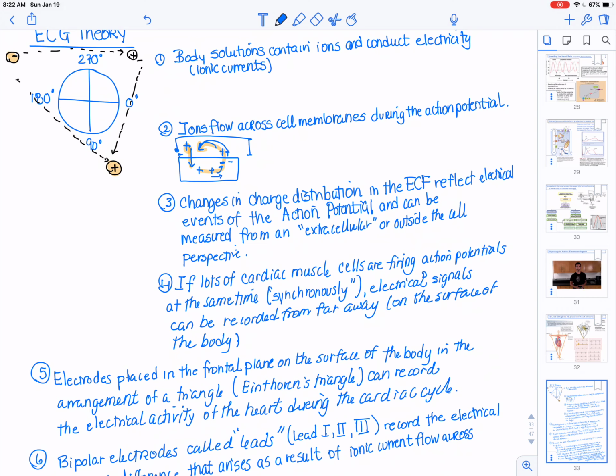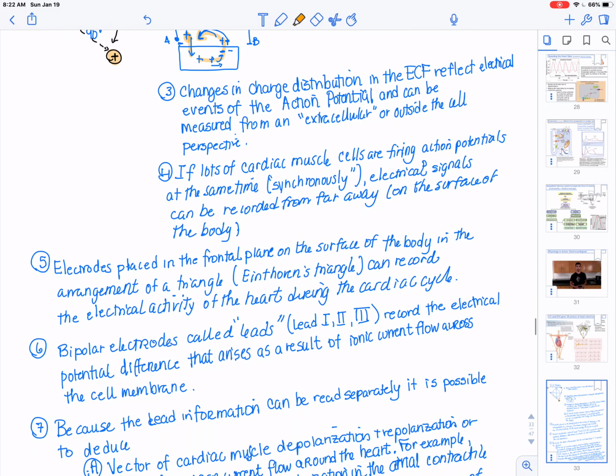So that if you are measuring the difference between spot A and spot B, it appears as if the negatives are at A and the positives are at B. And so you'll measure a difference in potential. So that's the basic idea, and we'll look a little bit more carefully in a moment.